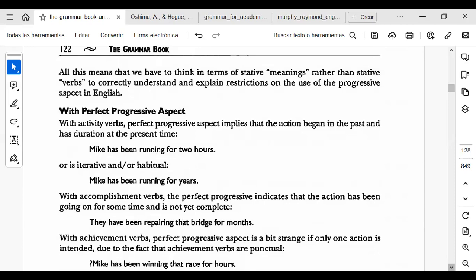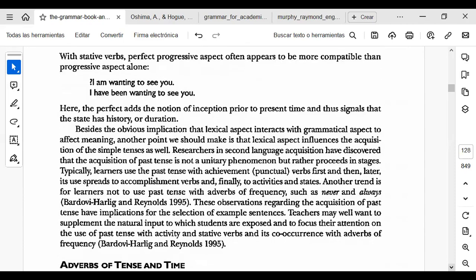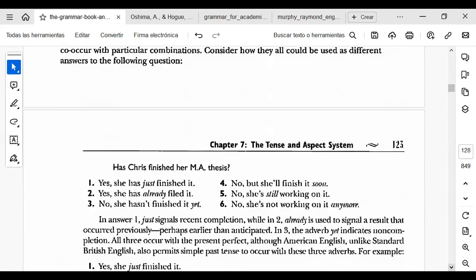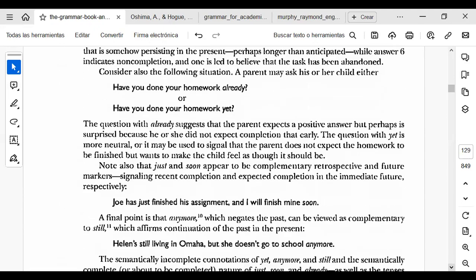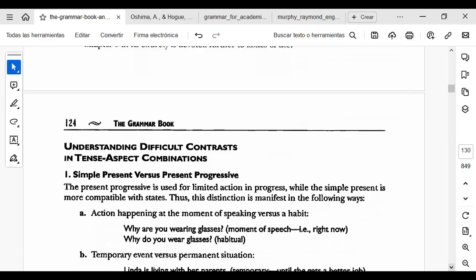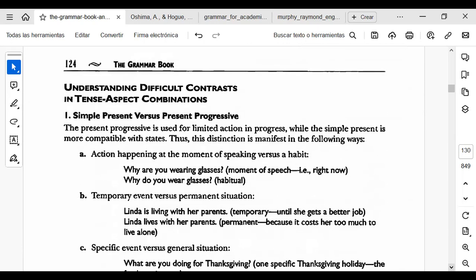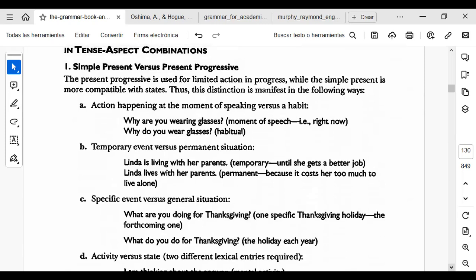I recommend you read carefully, and you can apply this information in an exercise that it has at the bottom, the use of tense, understanding difficult contrasting tense aspect combinations. For example, here, simple present versus present progressive.